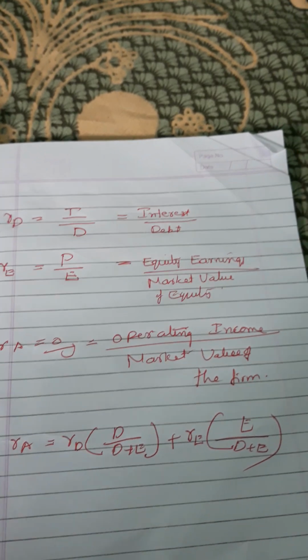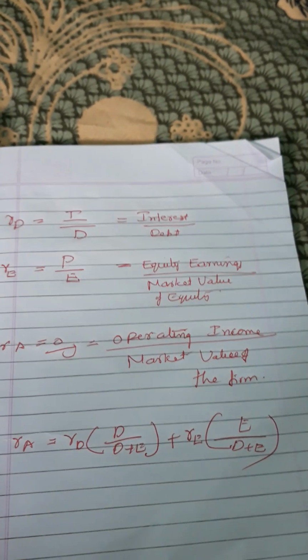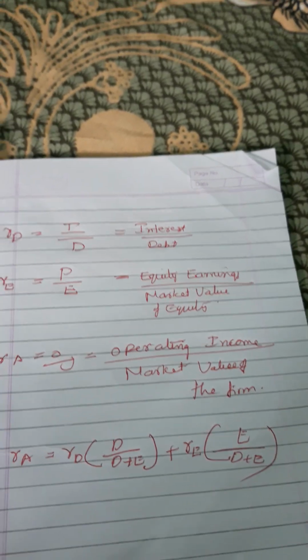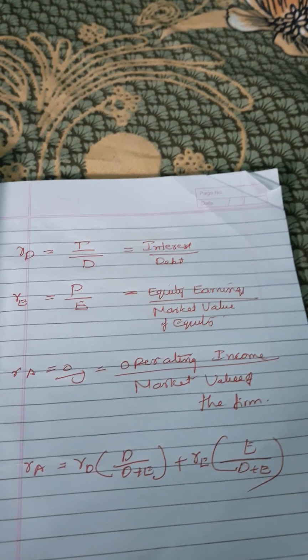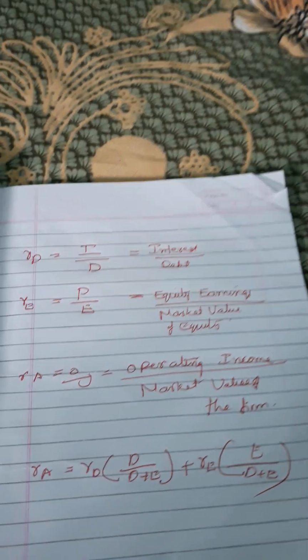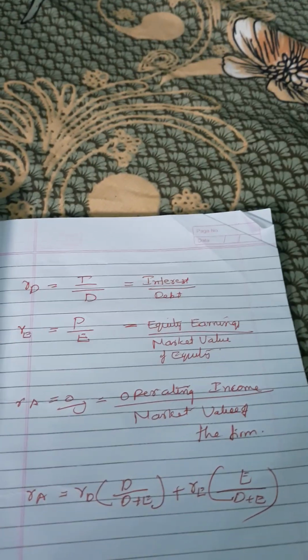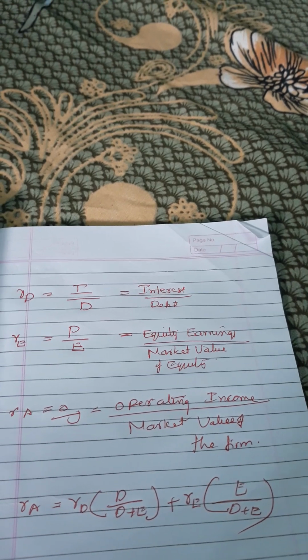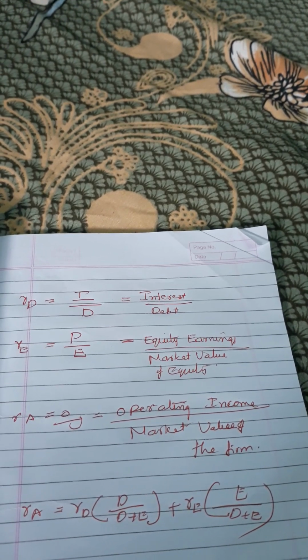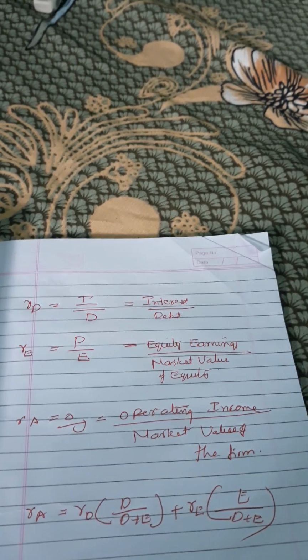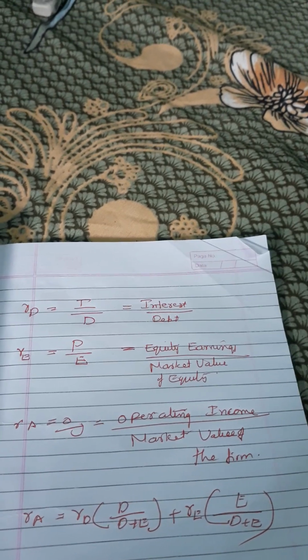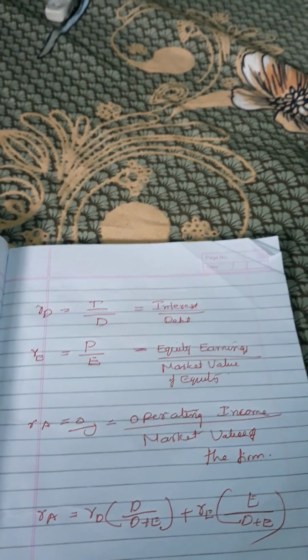And for the cost of debt, there is a market value of the debt, and this debt has some cost. Is it dearer or cheaper? For this debt we have to pay a certain interest. If the interest is too high, then the cost of debt is also very high.